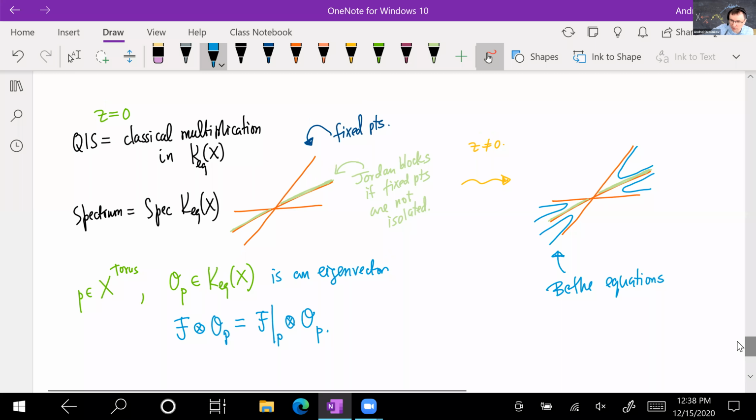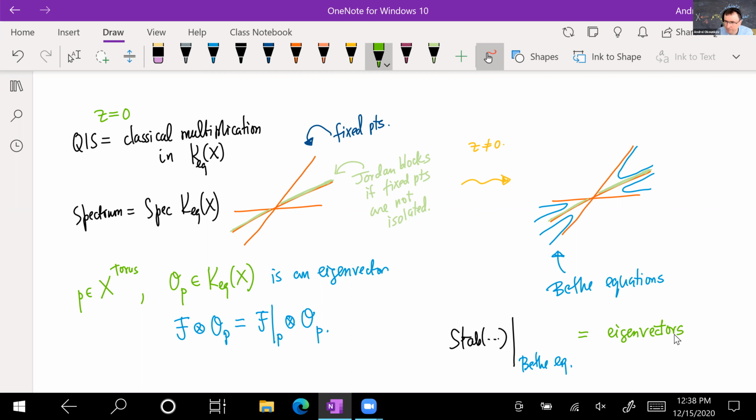And then on the whole space I have my classes, the stable envelopes, and when I restrict the stable envelopes to the Bethe equations, then I get the eigenvectors. Okay.